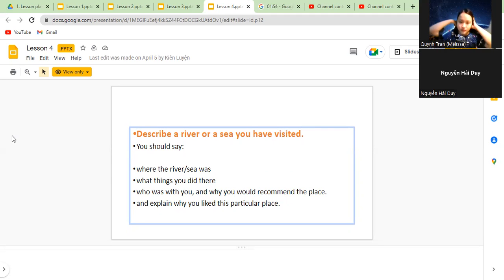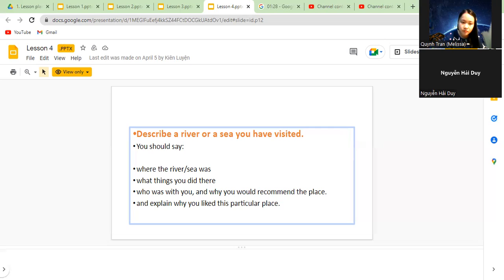The last time I have been to the beach was two years ago. It is an extremely beautiful, clean beach, and it is located in Da Nang.